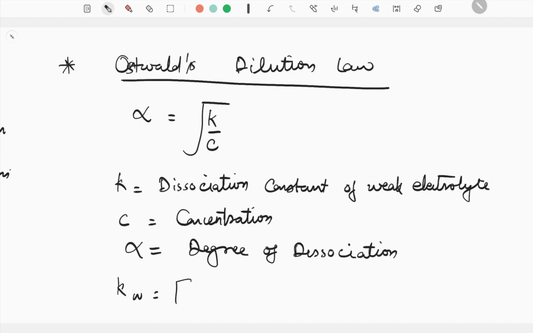Kw is the product of H positive ion concentration and OH negative ion concentration. That is the ionic product of water.